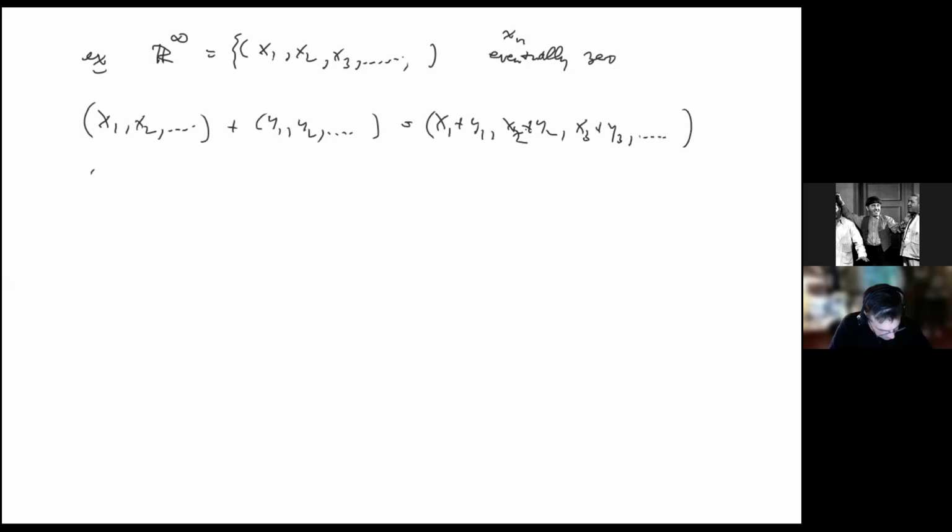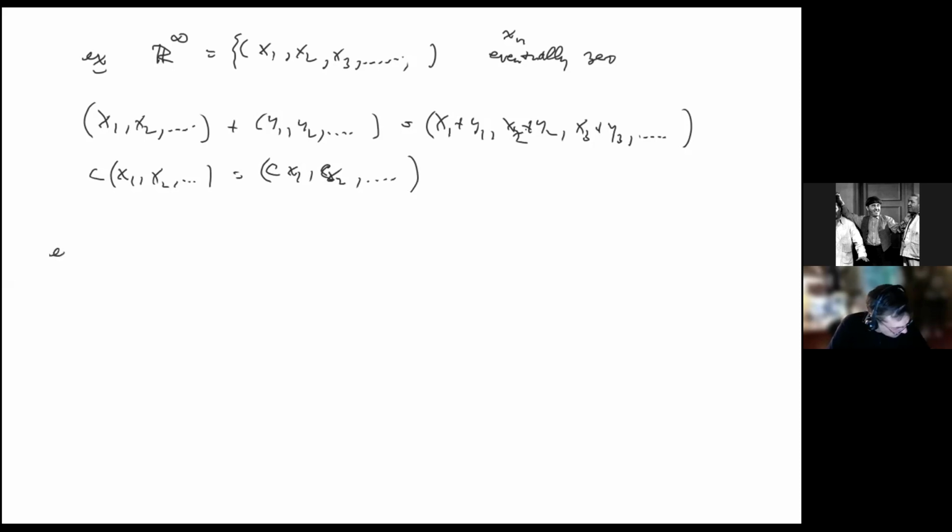And then we can also define scalar multiplication: c times x1, x2, etc., is cx1, cx2, etc. Okay, so this is a vector space. R infinity is a vector space. When we talk about dimensions, we will see that this is an infinite dimensional vector space later. We haven't defined dimension yet for abstract vector spaces.